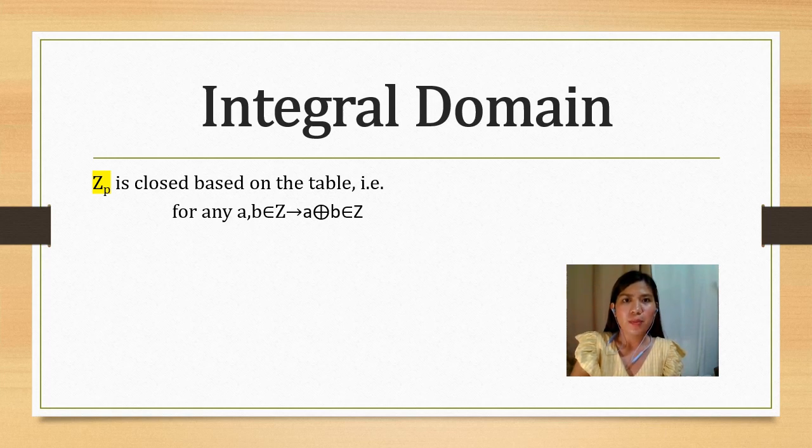This means that upon performing addition modulo n to any elements of Z sub p, we cannot find any other element in the table except the elements of Z sub p. Another reason for Z sub p to be closed under addition is that the elements of Z sub p are integers and Z, the set of integers itself, is closed under ordinary addition.